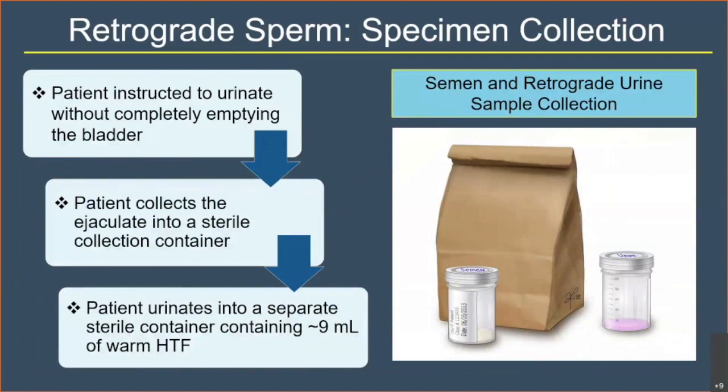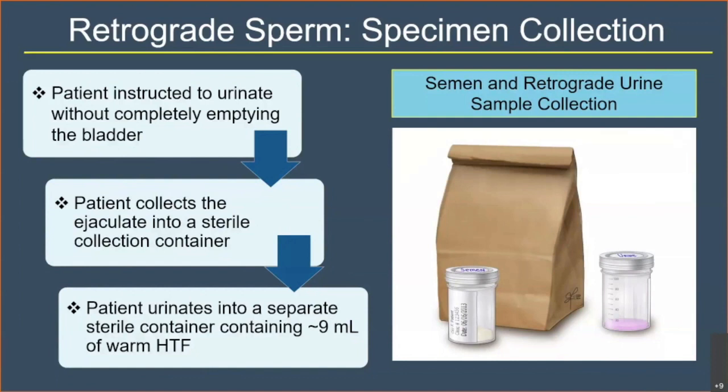So, retrograde sperm specimen collection. The first and most important instruction to be given to the patient is that they will need to collect at the lab. And when the patient is in the lab, the important step is to instruct the patient to urinate without completely emptying the bladder.